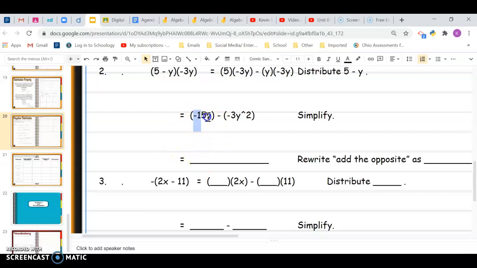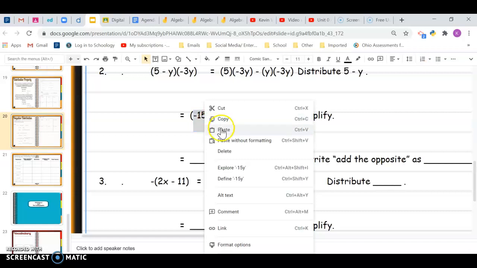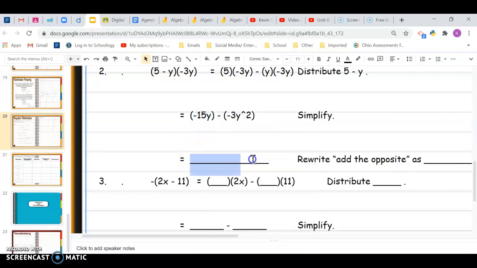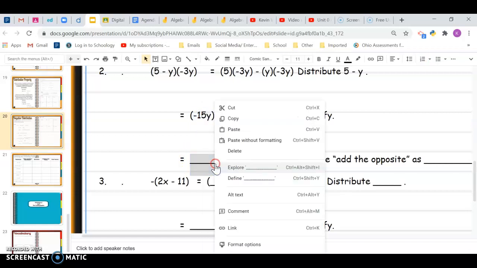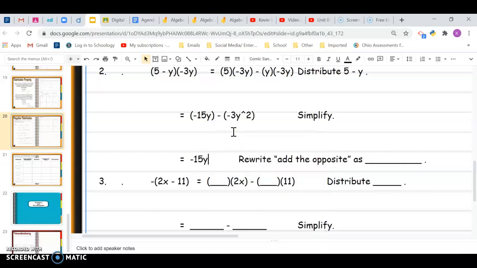So this right here, we're all good with. We could leave that 15y there. So let's put that right there first. Bam. But we had to deal with this. So we're going to rewrite this as adding the opposite. So what's the opposite of subtraction? Addition. And the opposite of this negative 3y squared is a positive 3y squared.